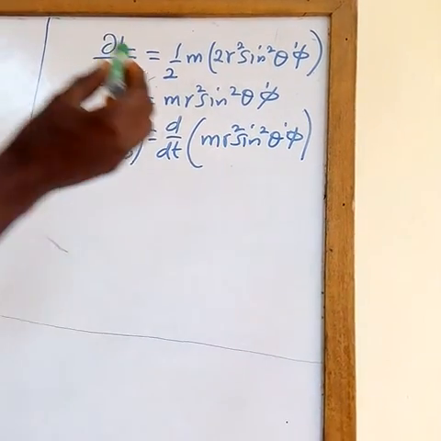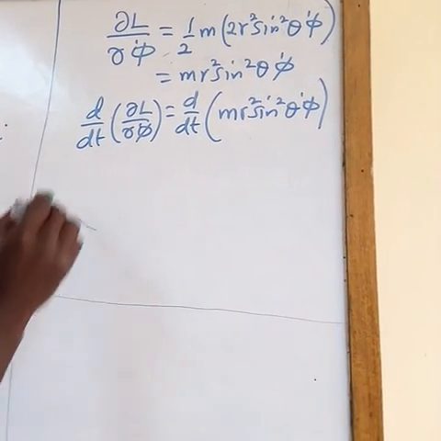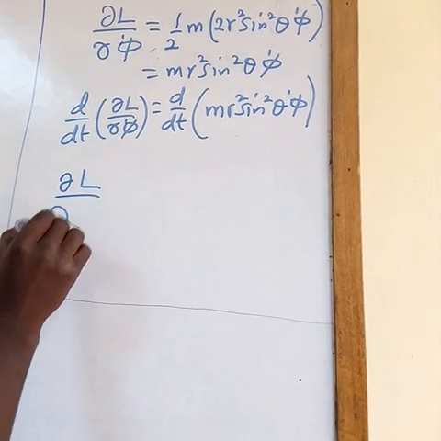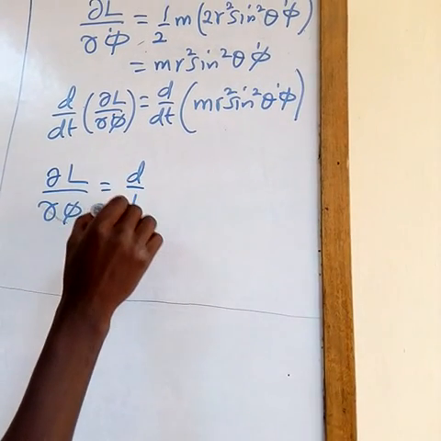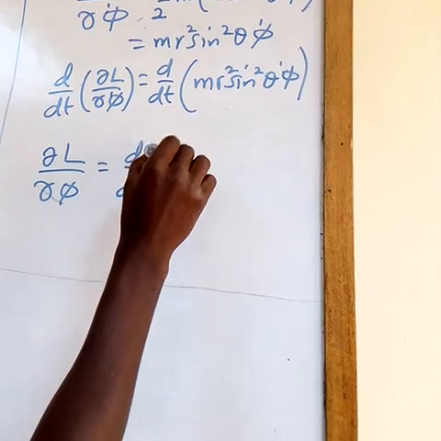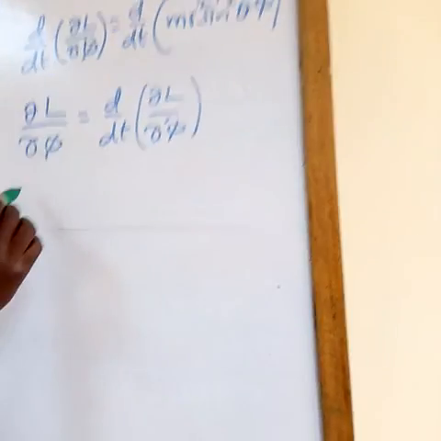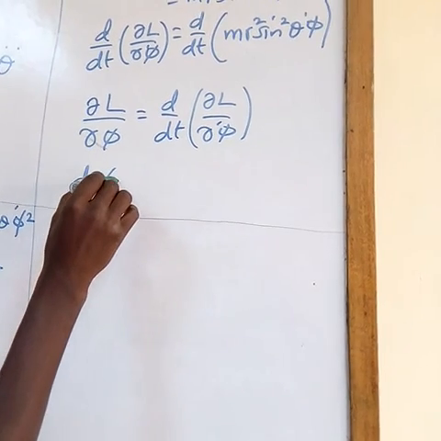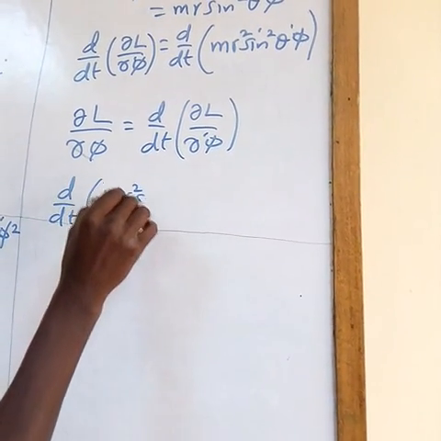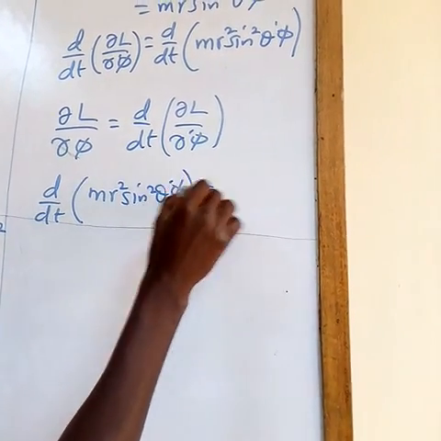By the time we introduce this into this particular expression, partial of L by partial of phi is equal to d dt into bracket partial of L by partial of phi dot. So this one is just the same as d dt into bracket m r squared sine squared theta phi dot is equal to 0.